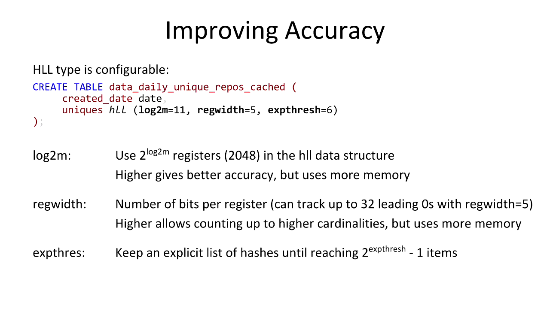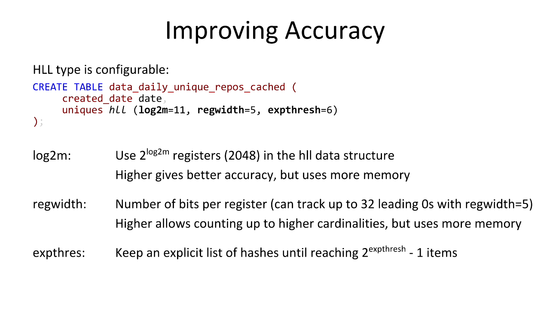But actually, you can choose this yourself. The default settings will more or less give you this, but there are some settings that you can use when you define your table. By default, I think HLL uses 2048 registers, so it's basically 2 to the power 11. So you specify the power. And then the register width is the number of bits per register. Remember, the registers are counting the number of 0 bits.